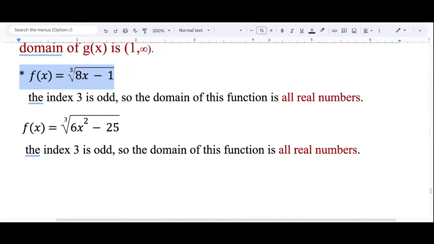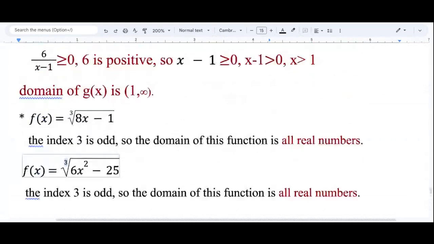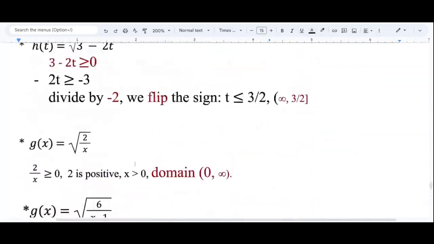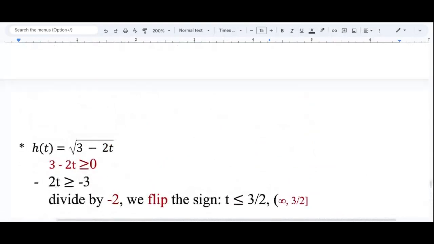Because it can handle negatives. If the index is an odd number, the domain of the variable x can be any number. Okay, we check the domain only when the index number is even.